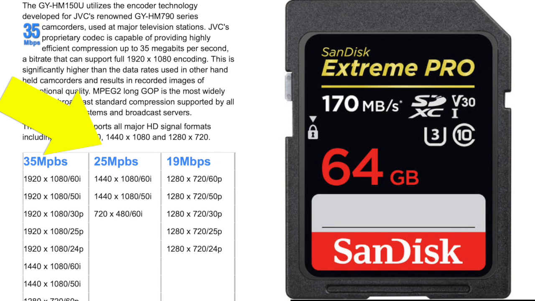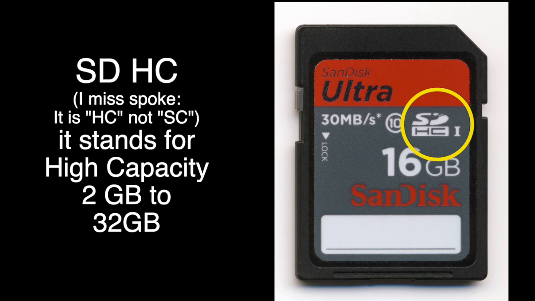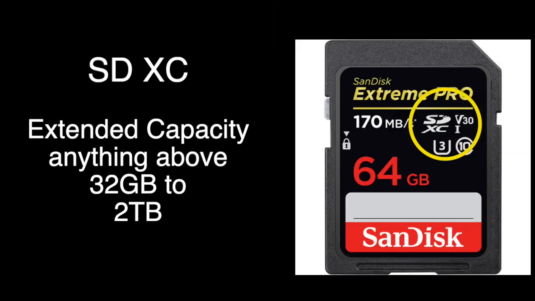So we're going to talk about that write speed in just a minute, but let's go ahead and talk about the size capacities, which means how much media the card will hold. You've got SD-SC, which is standard capacity, and those cards range in size from 2 gigs to 32 gigs. Then you have SD-XC, and those cards range in size from 32 gigs to 2 terabytes.